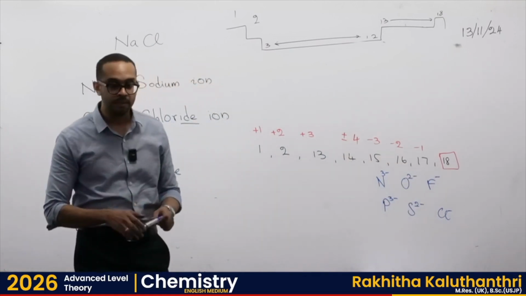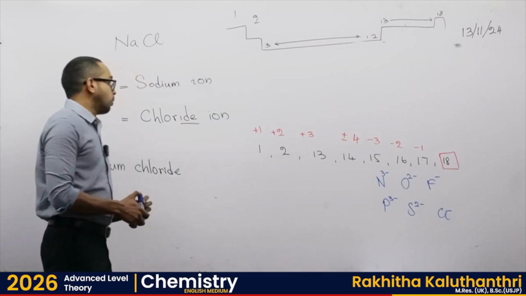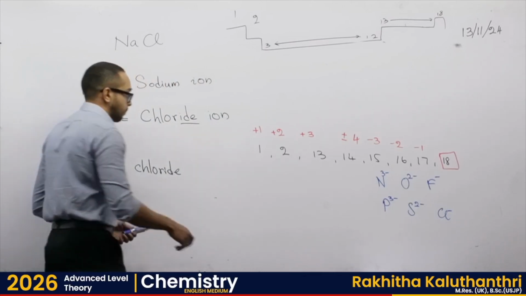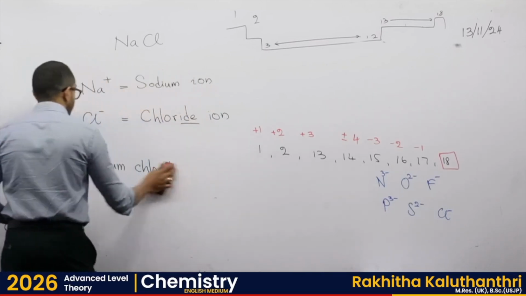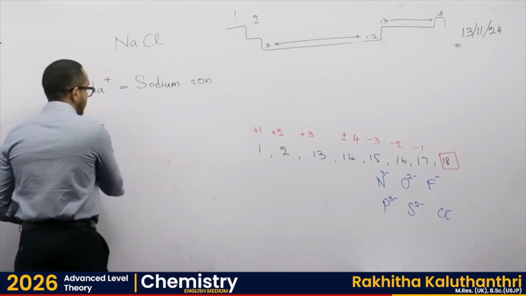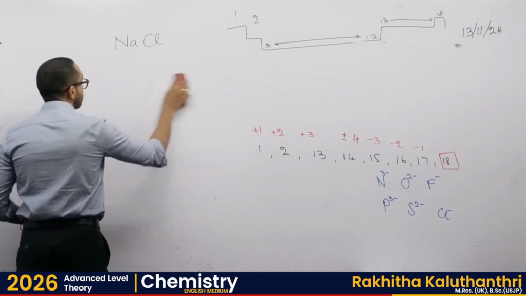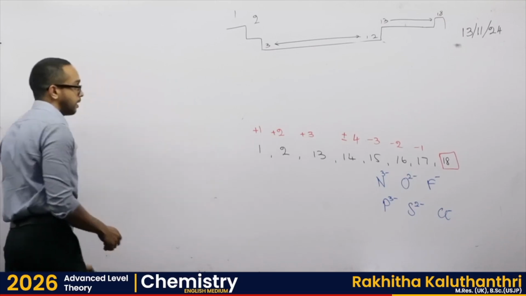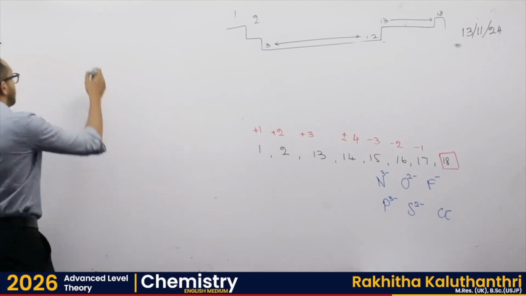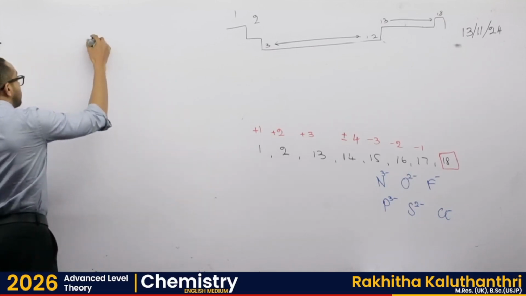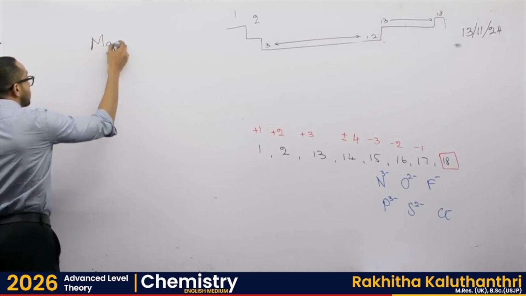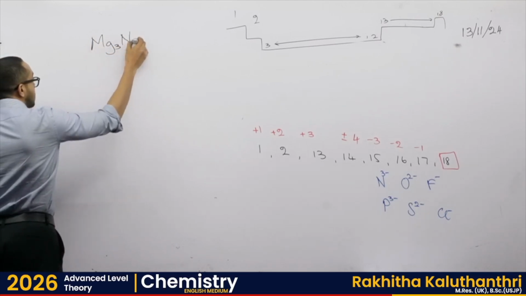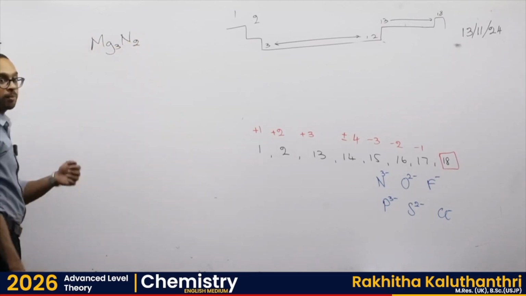Is that clear? Right. So now if I give you some compounds, you should be able to tell me the name. Let's see whether you can get the names right. We learned about this magnesium. What is the name of this compound?